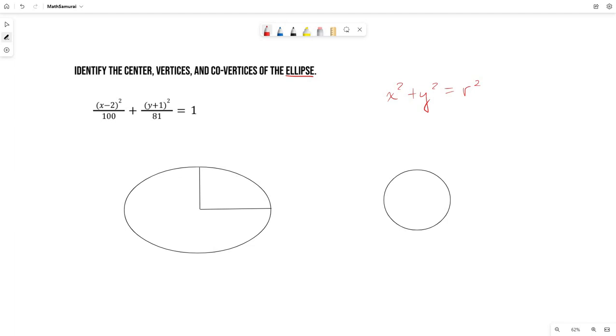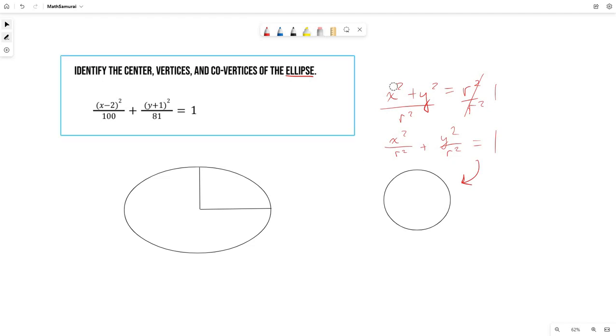If I divided both sides by r squared, nothing will have ultimately changed, right? This will just become 1. That just cancels and becomes 1. And I can separate this fraction into x squared over r squared plus y squared over r squared equals 1. All of this is still just describing a circle.